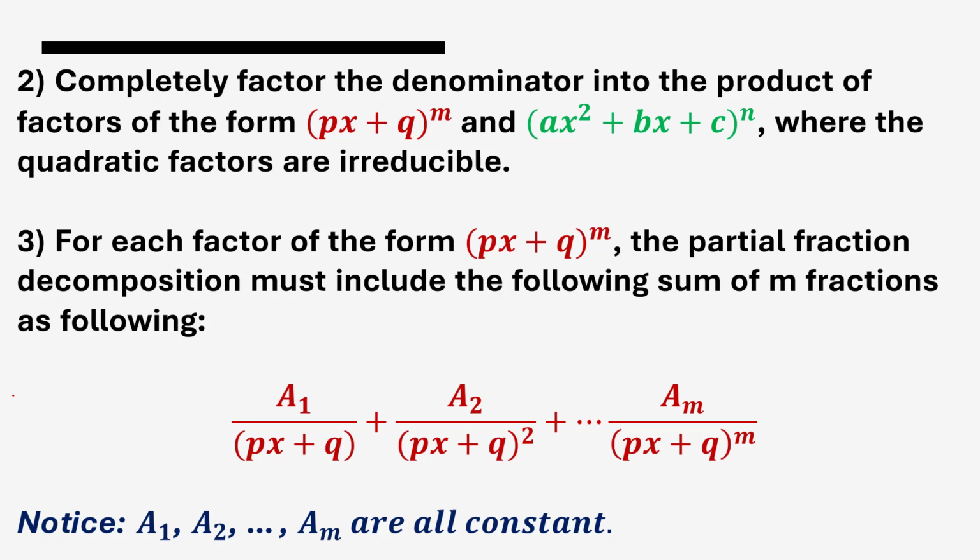And step 2, we need to completely factor the denominator into the product of factors in the form of px plus q, parentheses raised to the n power, and ax squared plus bx plus c to the n power. And we call px plus q a linear factor.